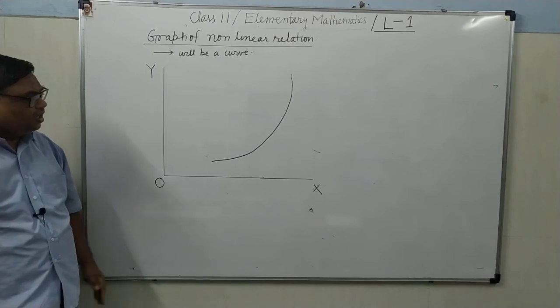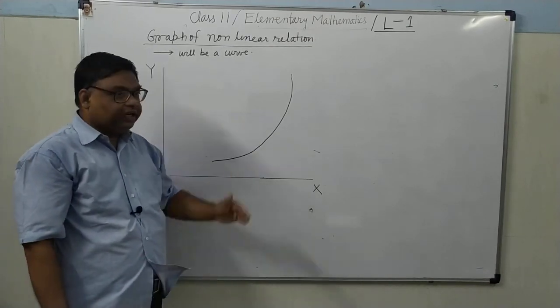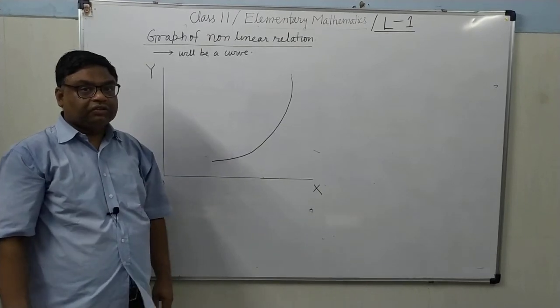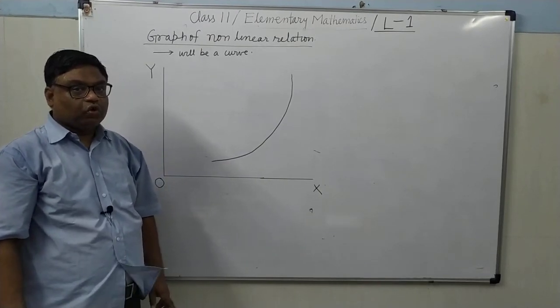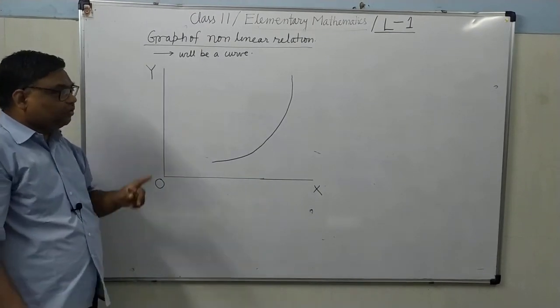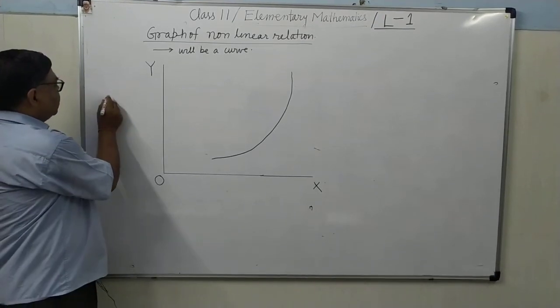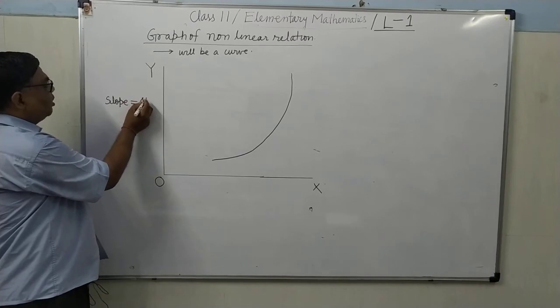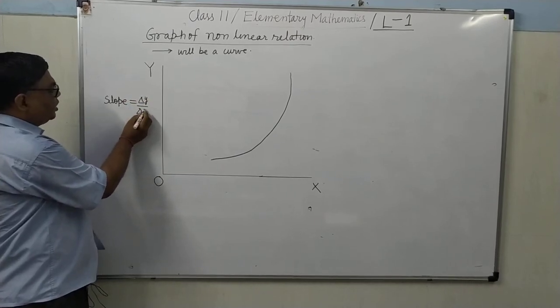You can see here in the beginning the slope is very less. But afterwards what happens? It becomes very high. Slope means y2 minus y1 upon x2 minus x1. Slope means delta y upon delta x. It's clear?